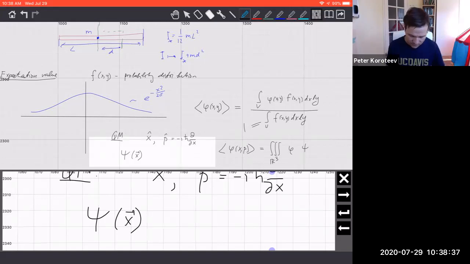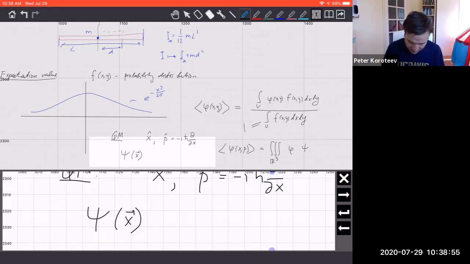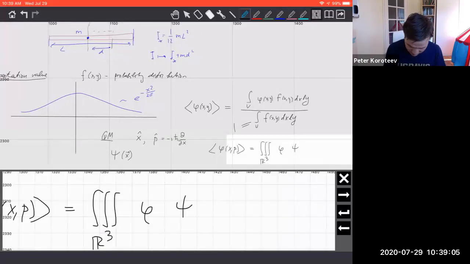You want to solve the Schrödinger equation, and then it will tell you exactly at which distance from the center what is the probability to find an electron. And then if you want to calculate the expectation value of the momentum or coordinate or any other operator, you need to do this calculation.